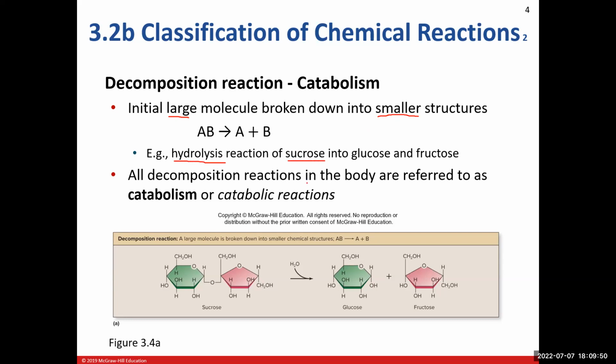So if you look down at the equation at the bottom here, you'll notice here we are with our sucrose molecule. It's a disaccharide. And so what happens is it undergoes this hydrolysis reaction, which is a decomposition reaction, where we break it down into two smaller items.